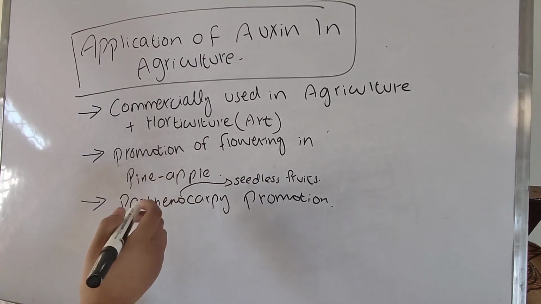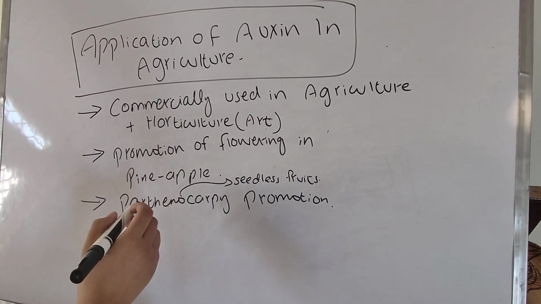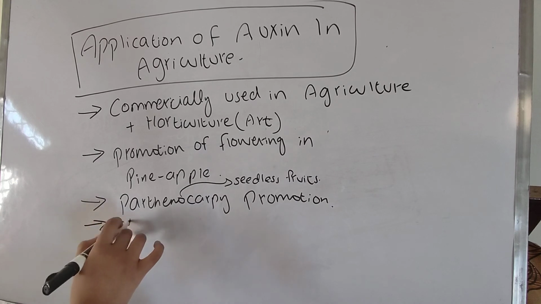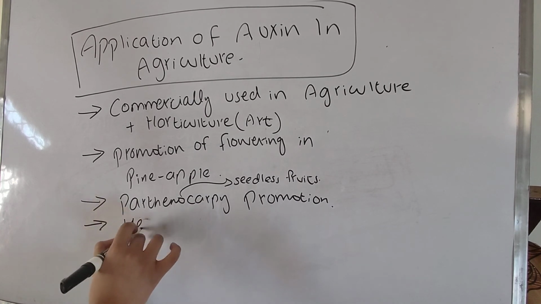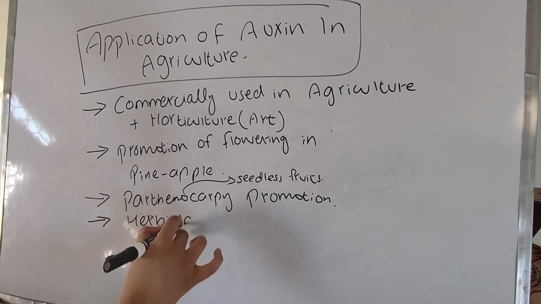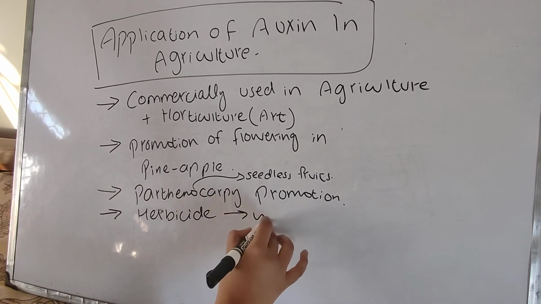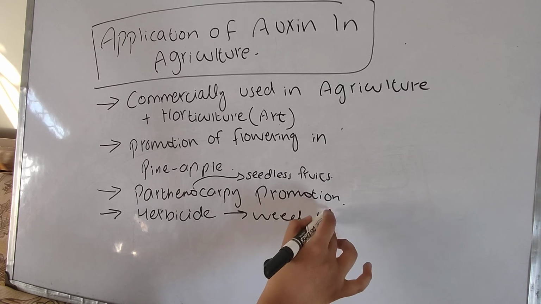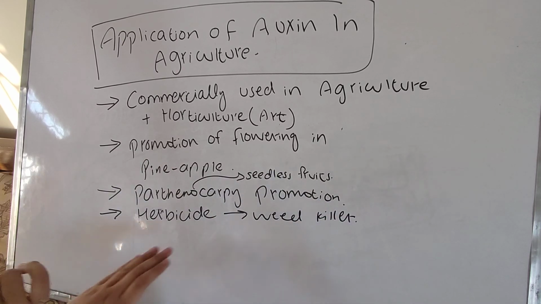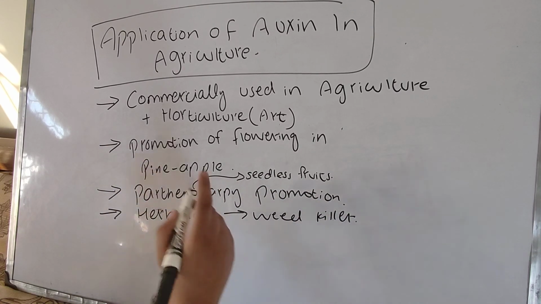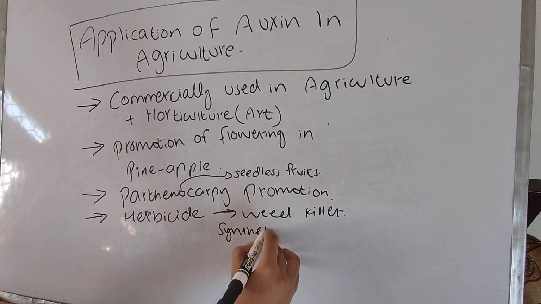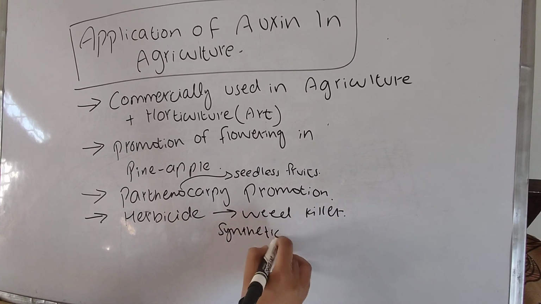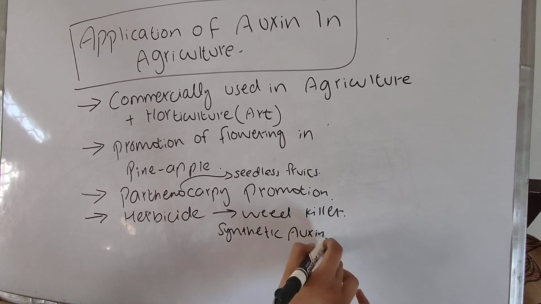Okay, so the next point is it can also be used as an herbicide or weed killer. But in this process, synthetic auxin is used.